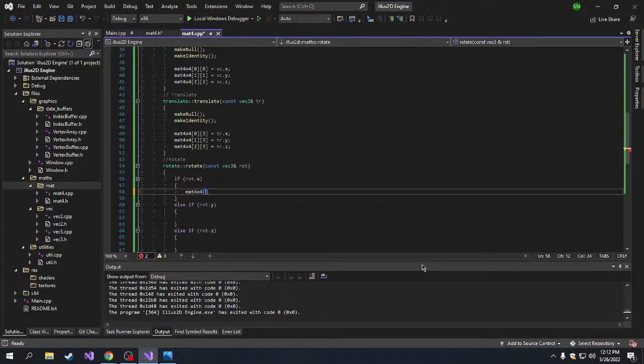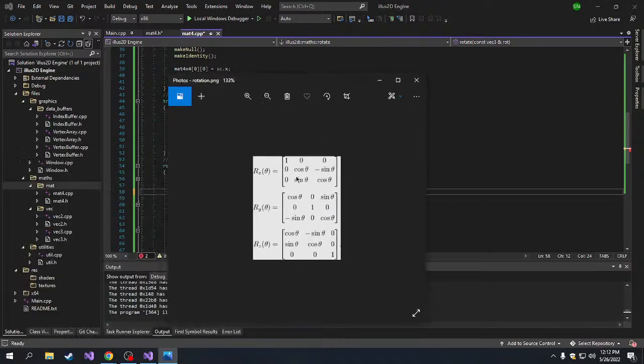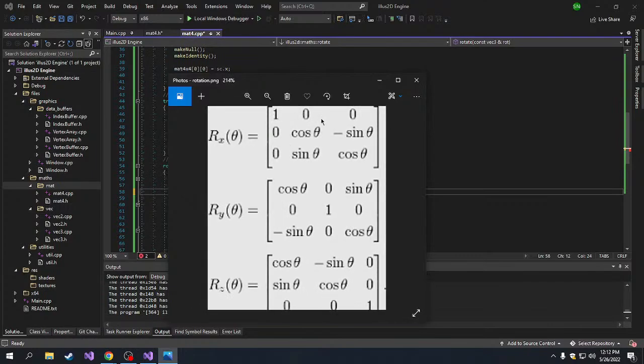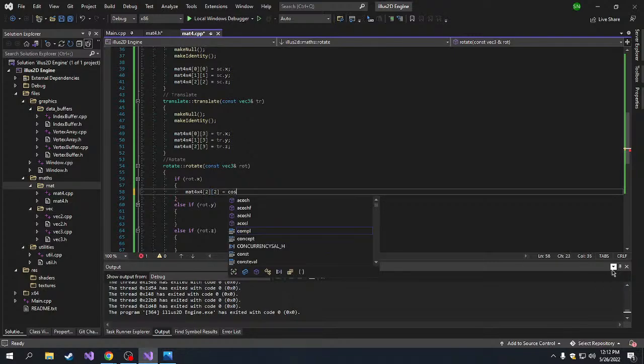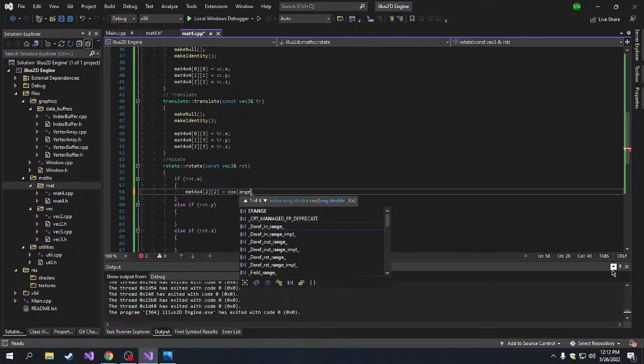The 0 index, the first row, is going to have nothing. As you can see here, the first row is going to be 1, 0, 0, 0. So nothing here. The second row, second column is going to have a cosine of the angle.